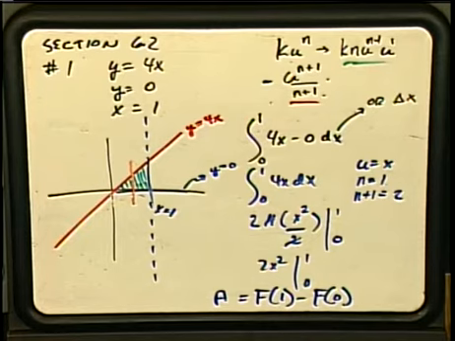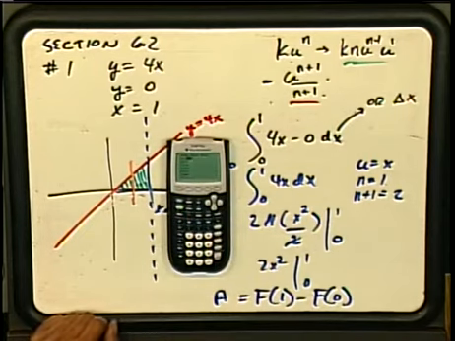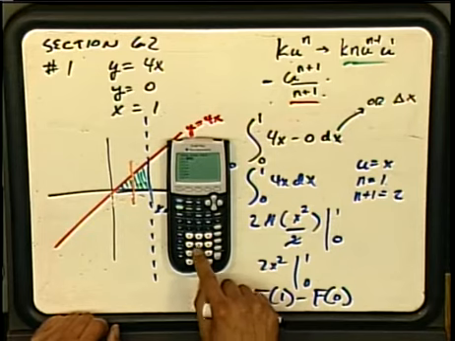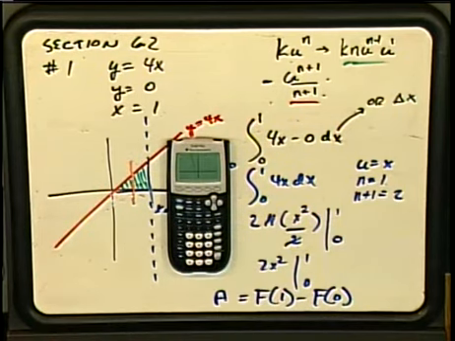The area equals, put the antiderivative in, and then solve for F of 1, where F is the antiderivative of that function.